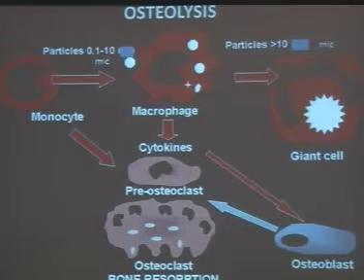And these macrophages start producing cytokines, interleukin-1, interleukin-6 and growth factors, and some of the newer cytokines, which do a lot of destruction, osteoclastic action, and we start losing bone.